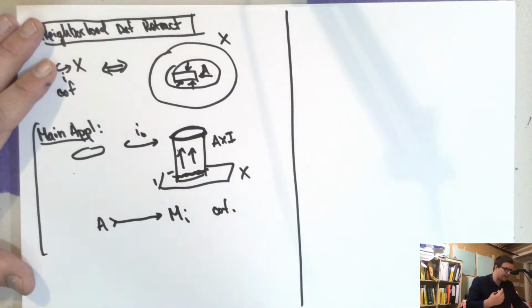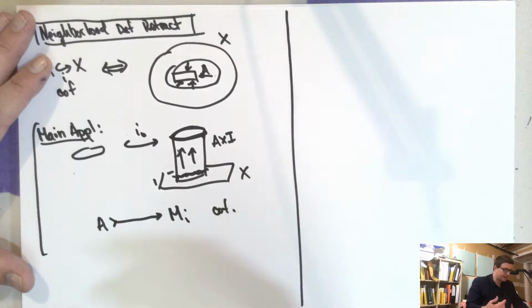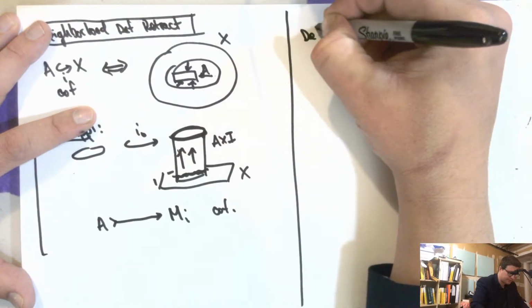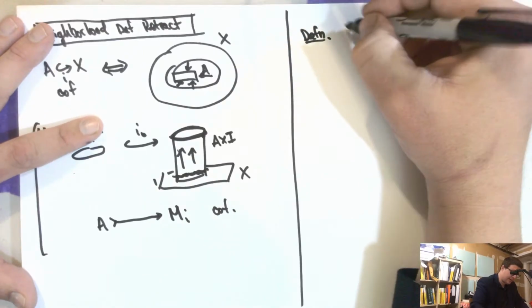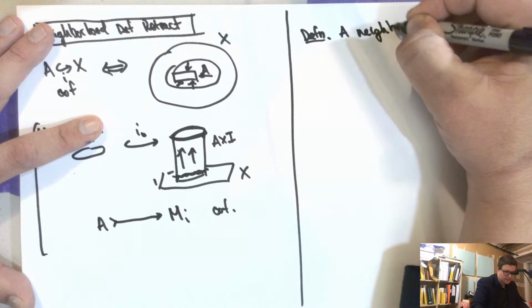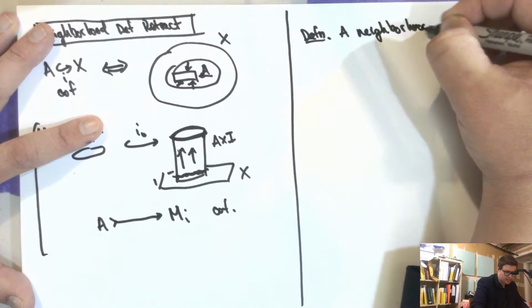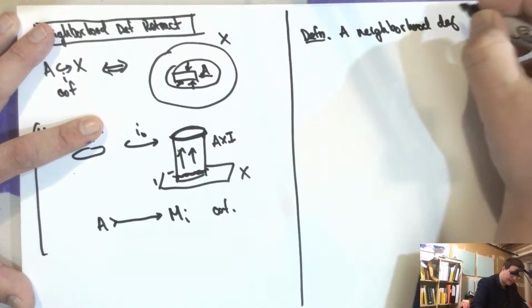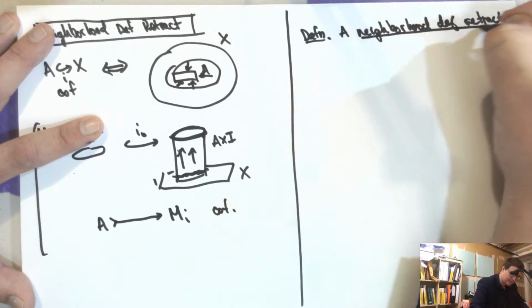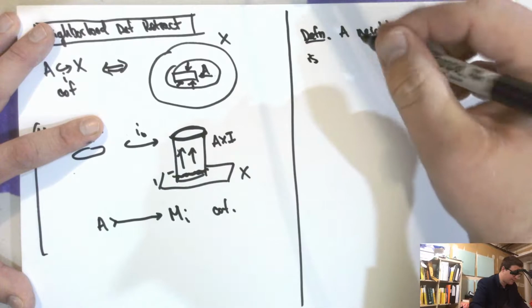So it's like a time function that allows you to pull things in. Let me give a definition. A neighborhood deformation retract is a pair.